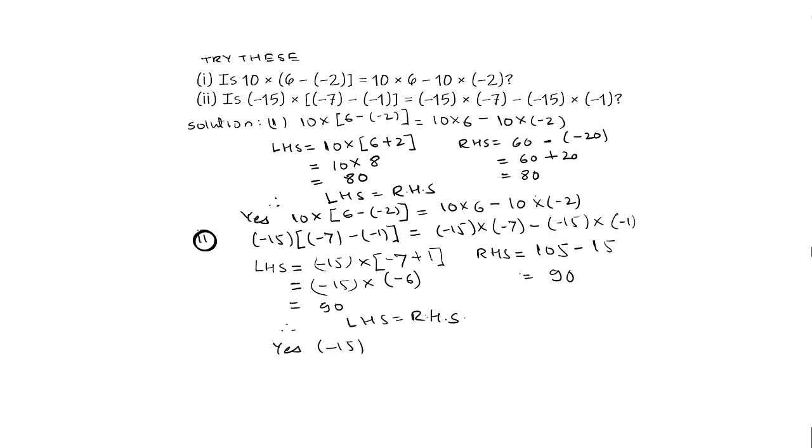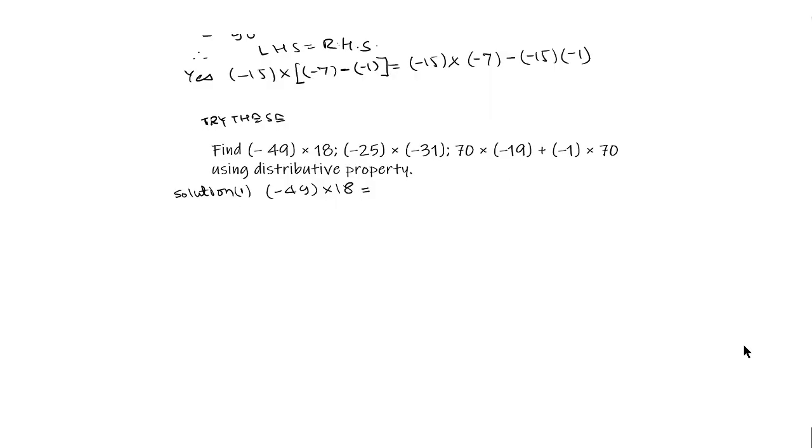Minus 15 multiplied by, within bracket, minus 7 minus minus 1 bracket close equal to minus 15 multiplied by minus 7 minus minus 15 multiplied by minus 1. We go to another set of Try These.